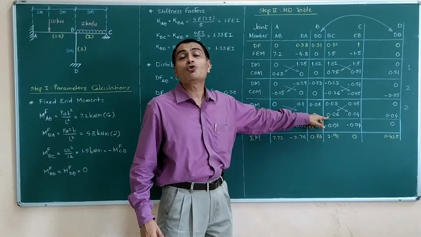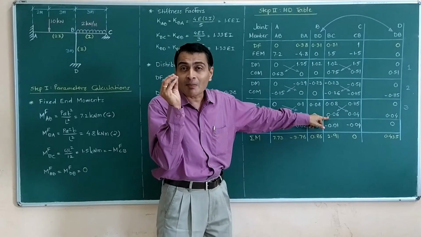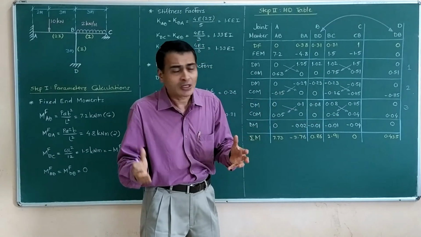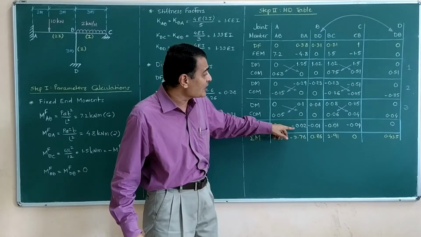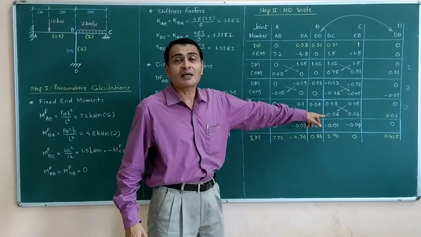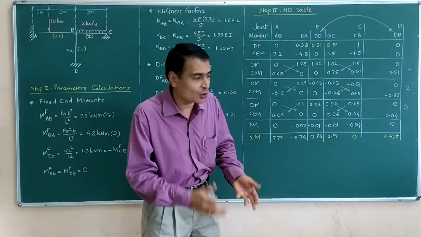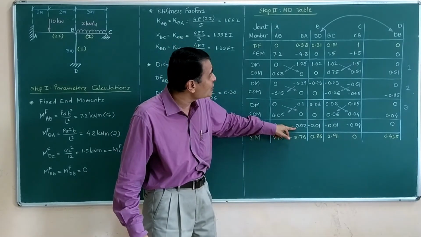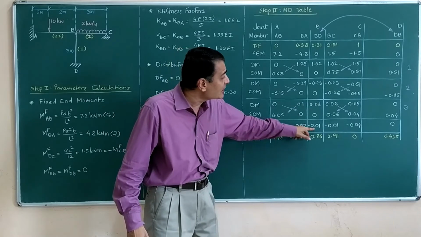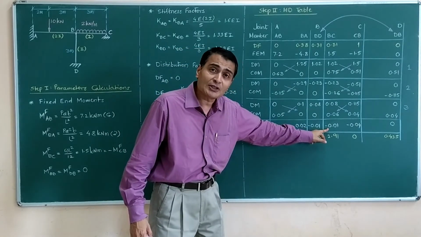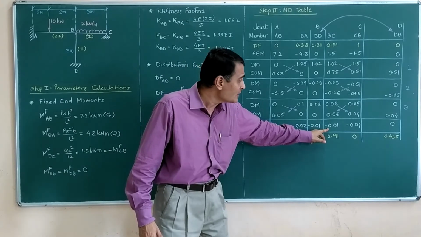See, now the moment to be distributed, the imbalance amount, has reduced to a very small factor, that is 0.06. So here I am writing negative 0.06 because imbalance is 0.06. Then negative 0.06 into 0.38, negative 0.06 into 0.31, negative 0.06 into 0.31.